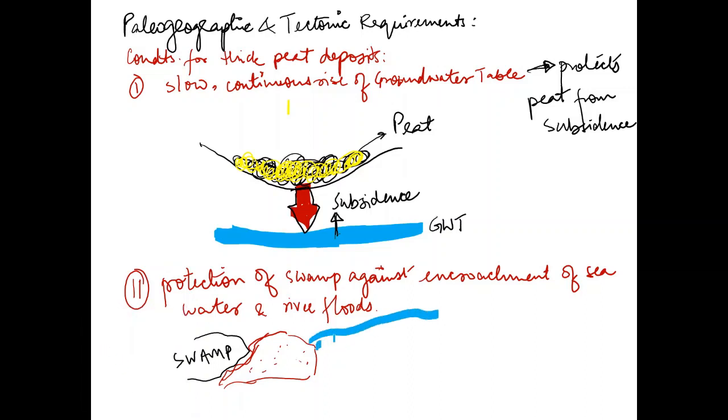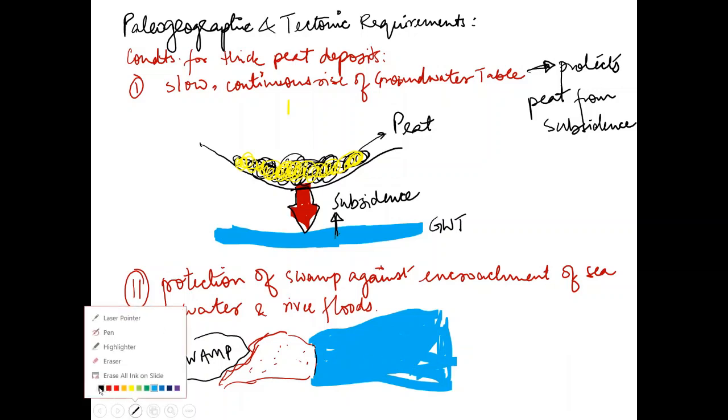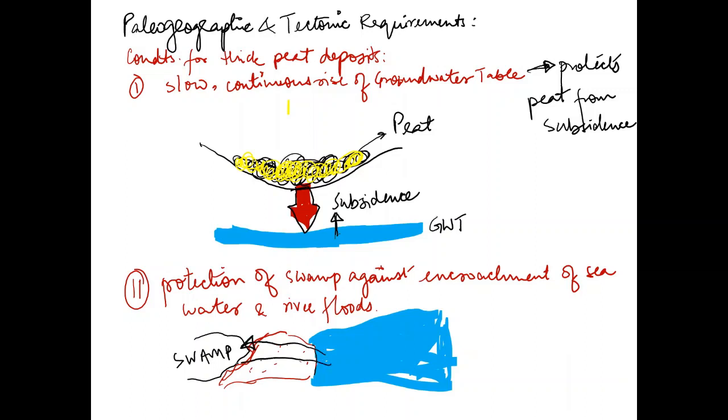Now if this is the open sea, what will happen during the tides, high tides, and due to the impact of waves, if this sea water starts coming in and tries to inundate this swamp, it will submerge the swamp. The sea water will submerge the swamp and it will destroy the entire swamp.